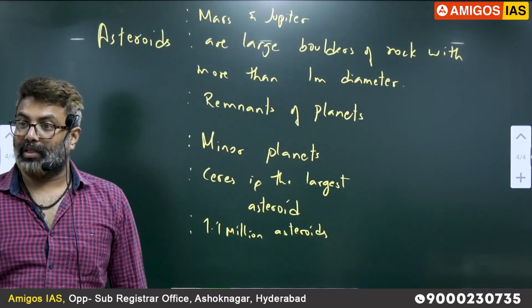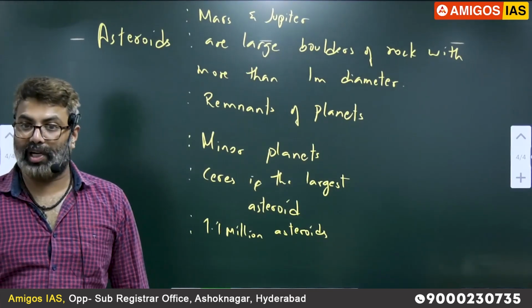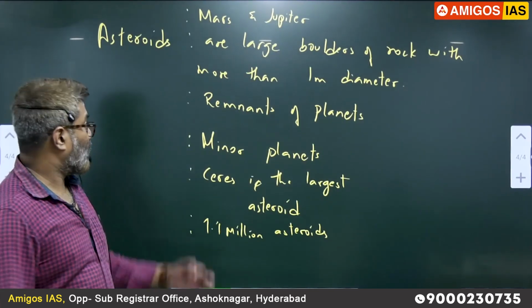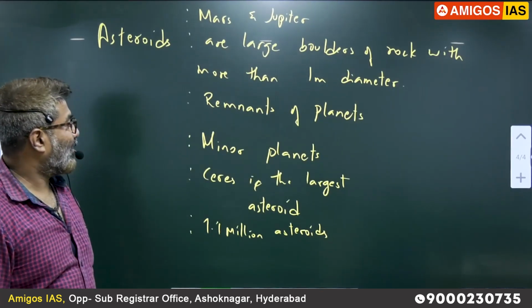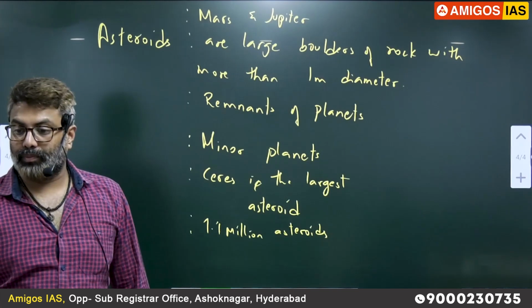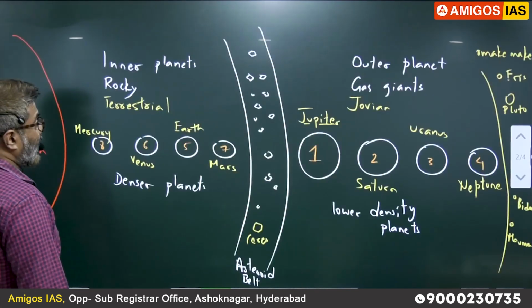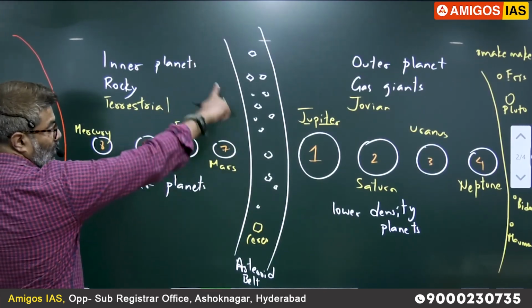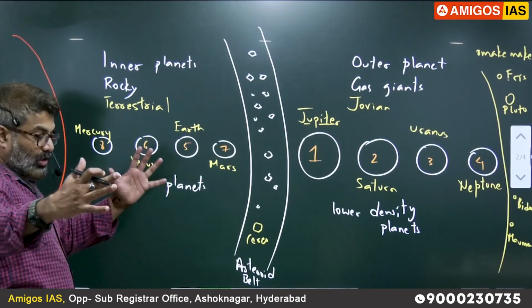They are all in between Mars and Jupiter. Clear to all? So see the diagram also. This is the asteroid belt. These are big rocks.